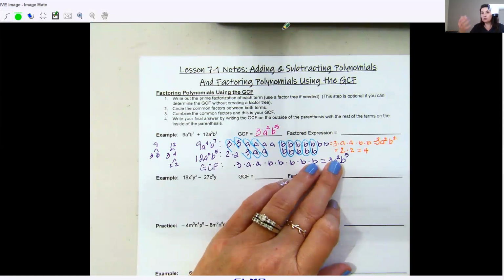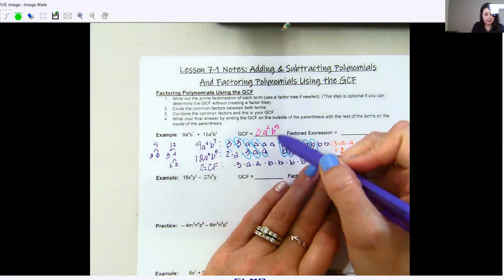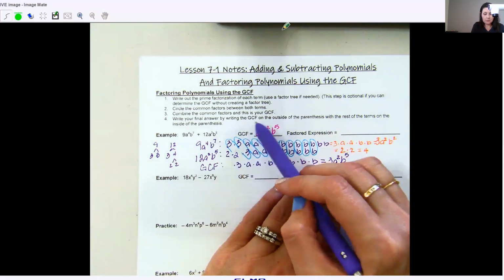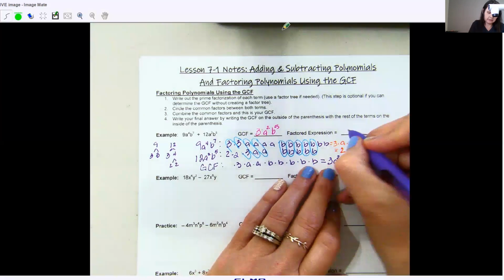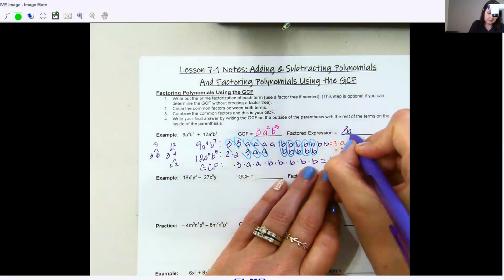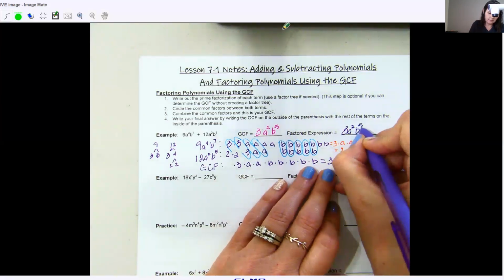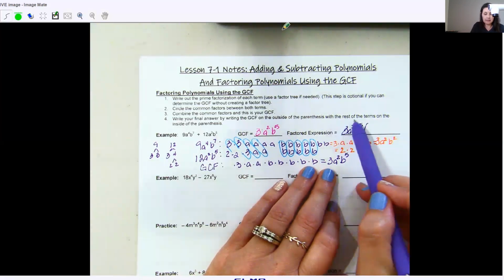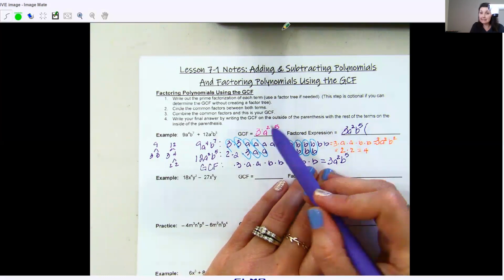So now we have to write out everything that we factored. When you do that, the first thing you do is you write out your GCF. So write out your final answer by writing the greatest common factor on the outside of the parentheses. So 3a squared b to the 5th on the outside of a parenthesis. Then with the rest of the terms on the inside of the parentheses.